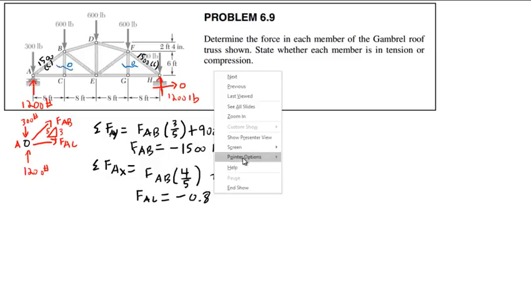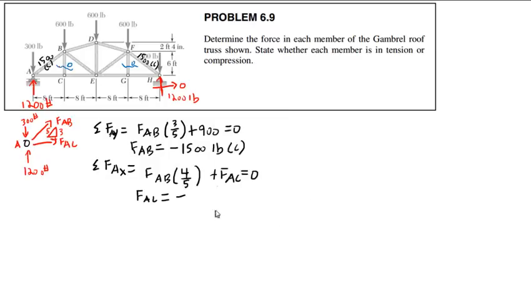I won't do that yet, actually. Negative 4/5 FAB, so negative 4/5 of, so it's going to be a positive number. And then 4/5 of 1,500, let's see, that's 300, 1,200. 1,200 pounds. Tension.